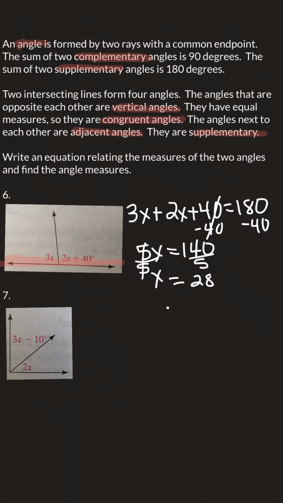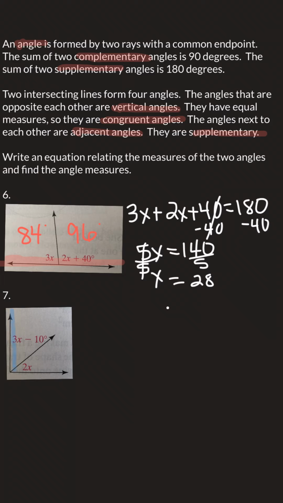Then we need to plug that into our equation. 3 times 28 is going to equal 84 degrees. And 2 times 28 is going to be 56 plus 40, 96 degrees. Double check yourself. 84 plus 96 equals 180. Excellent.